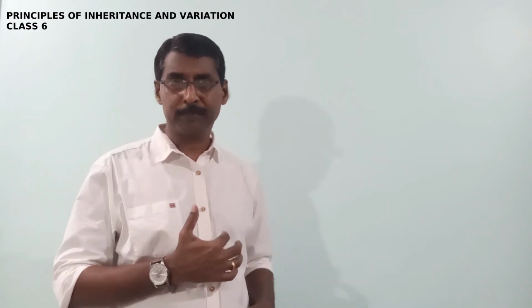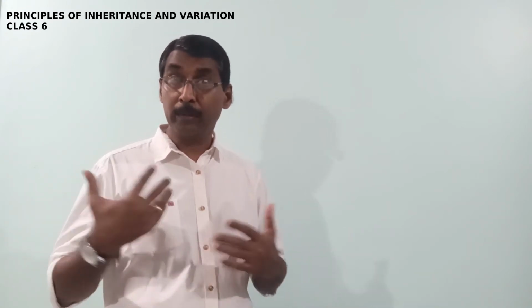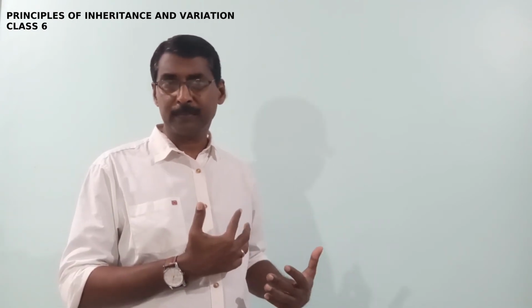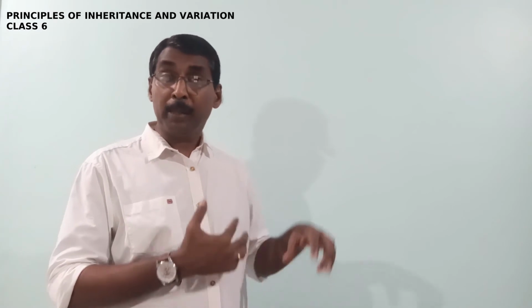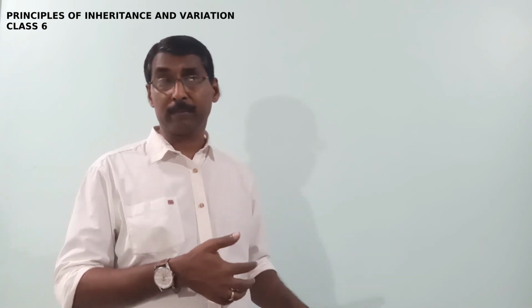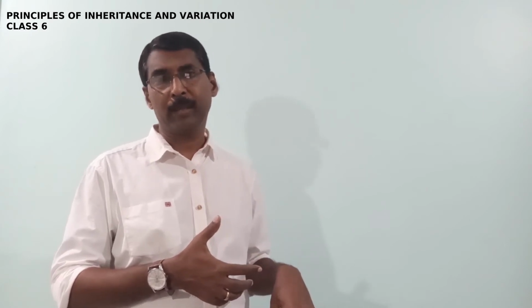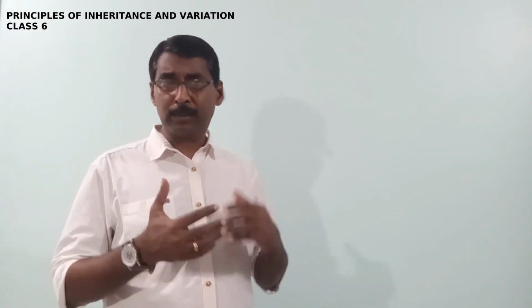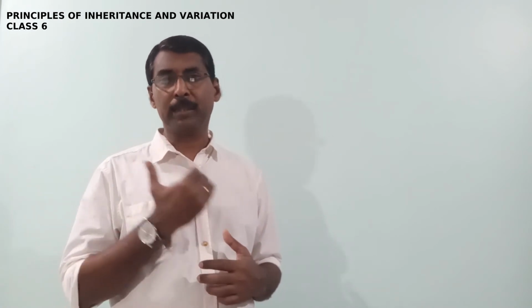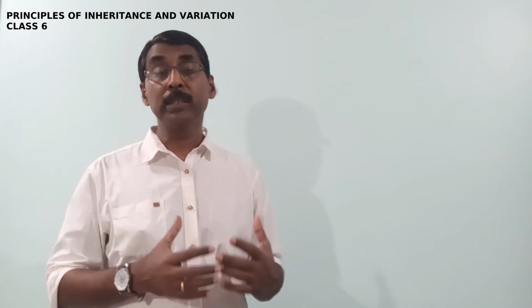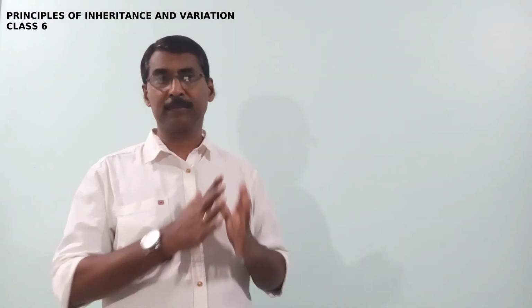That is possible, and there is no confusion with that. But how does the new combination appear? That needs some explanation. Using his logic and analytical ability, he explained it through his third law of inheritance.